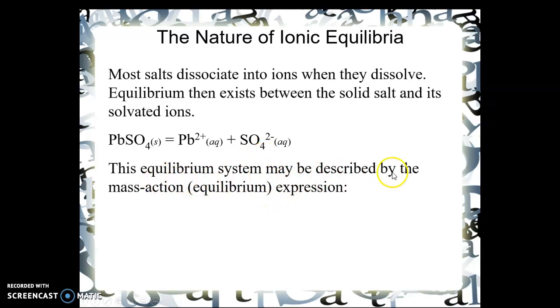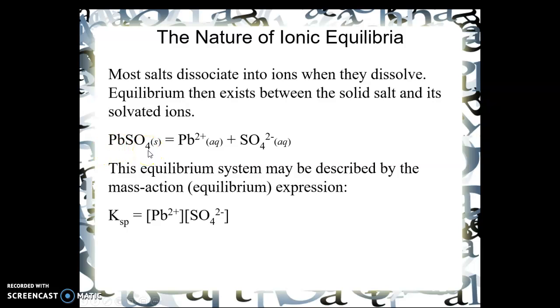You can describe it by what we call a mass action expression or equilibrium expression. Mathematically, this is K. This is the same K you see in the rest of Unit 7, but it's called a solubility product, Ksp, because you have a dissolved substance here, a dissolved substance here, and they're in equilibrium with a solid.